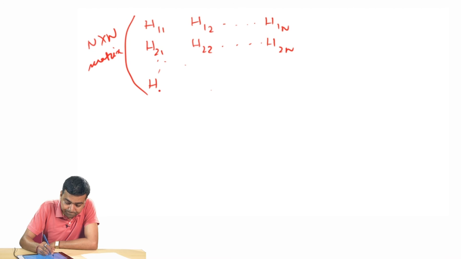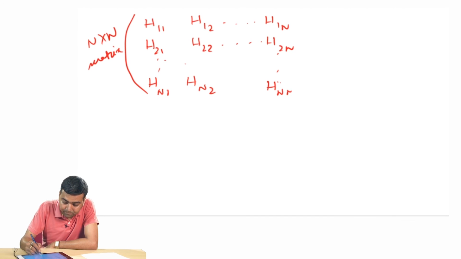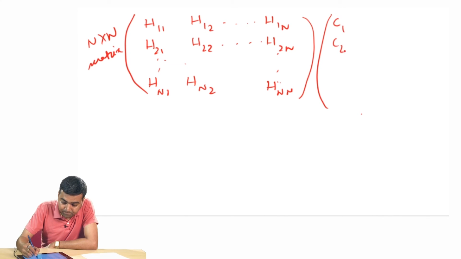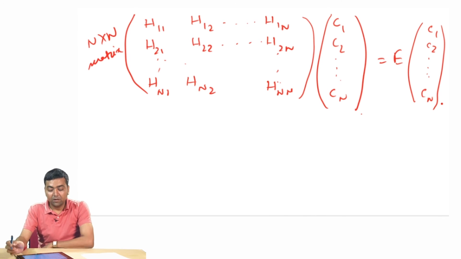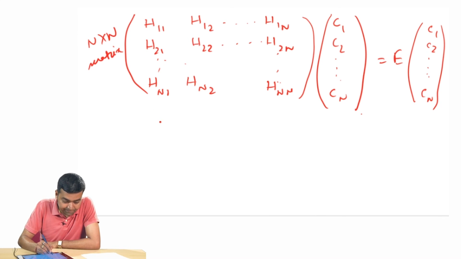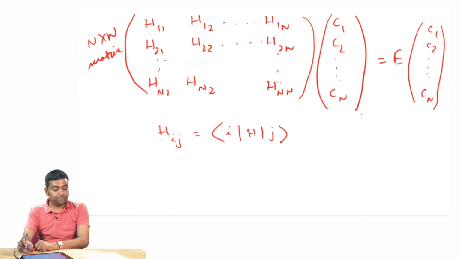And this will go as H, where each element ij is of the form <i|H|j>.